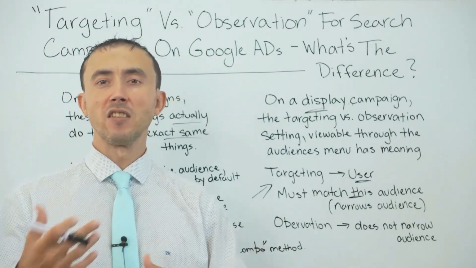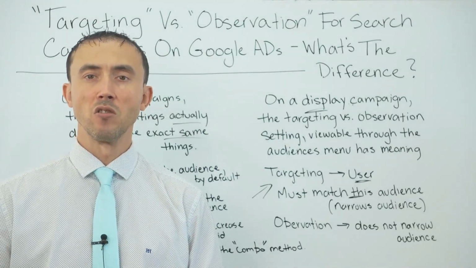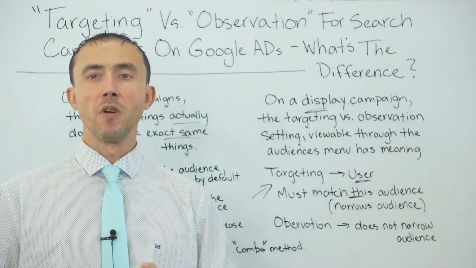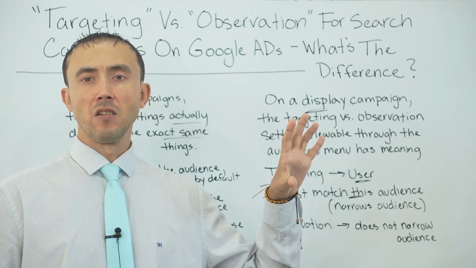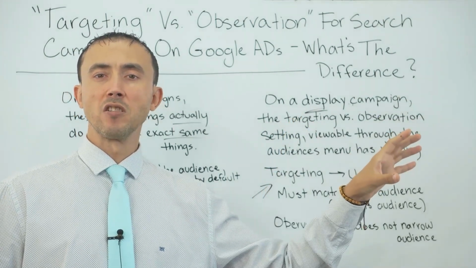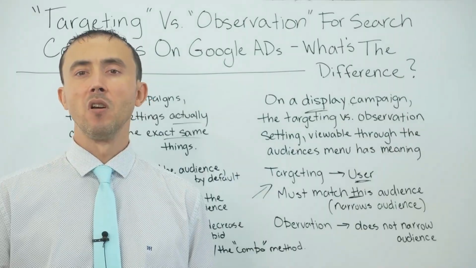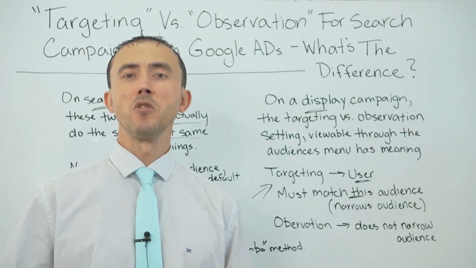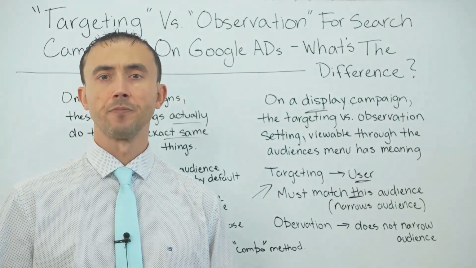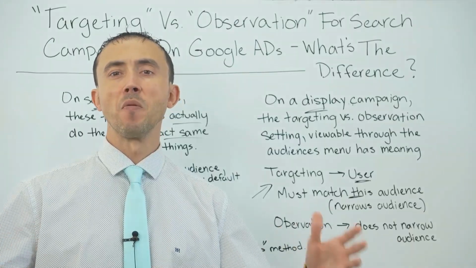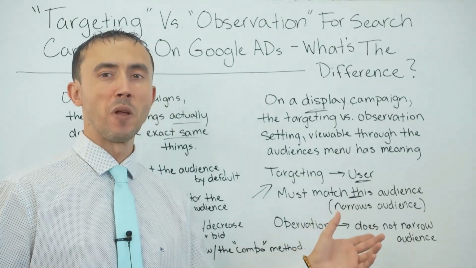You could have the audience set up to target business users, and then effectively make sure that people who search for your keywords that are not a business user wouldn't be able to see your ads. That would be one example. That would be one situation where you would use targeting over observation, and where it would actually make sense if both of them did pretty much what they do on display campaigns.